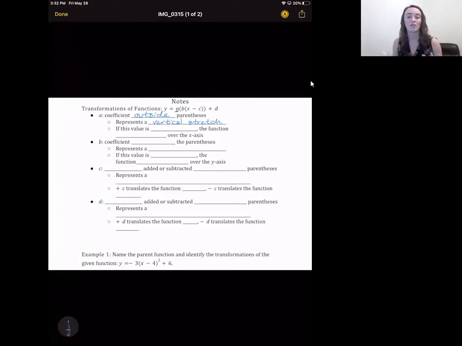So this coefficient a could take our parent function and make it taller or make it shorter. And also, if this value a happens to be negative, then that would correspond to the function being reflected over the x-axis.